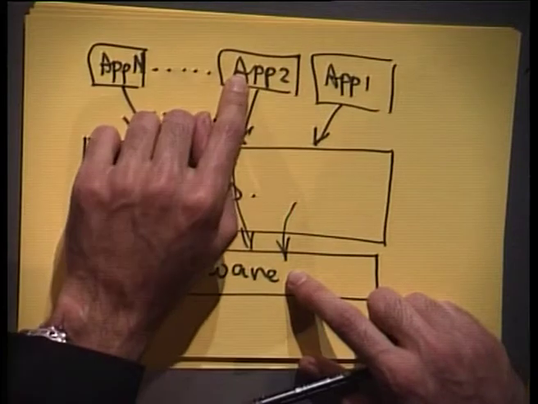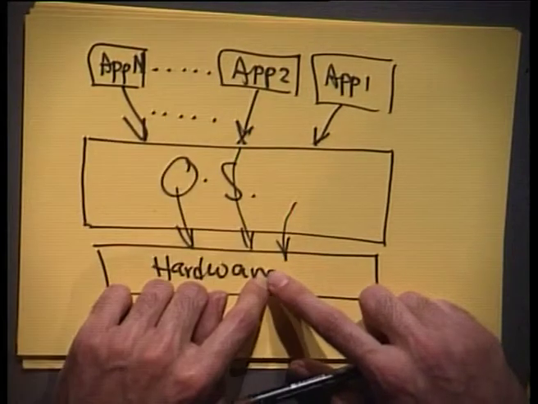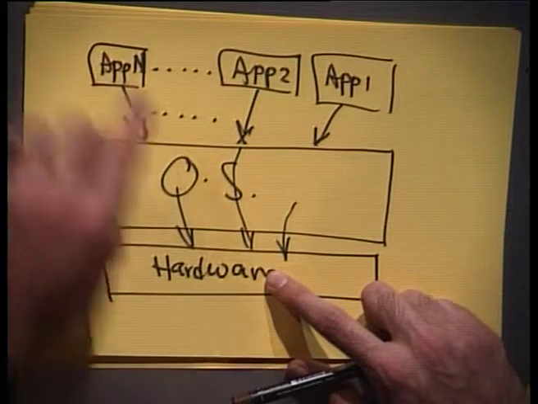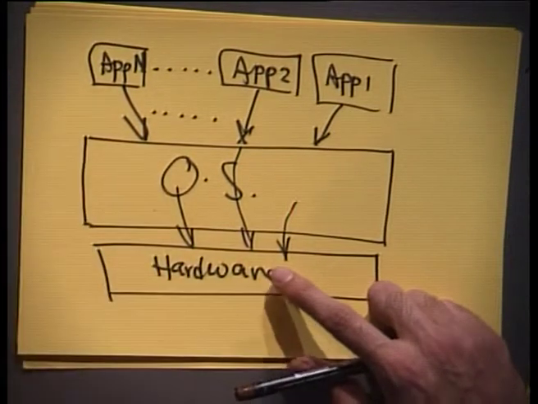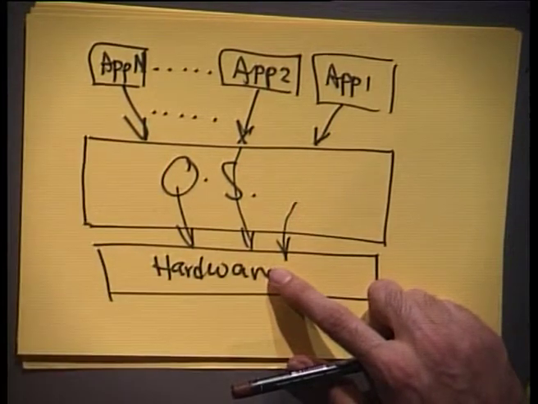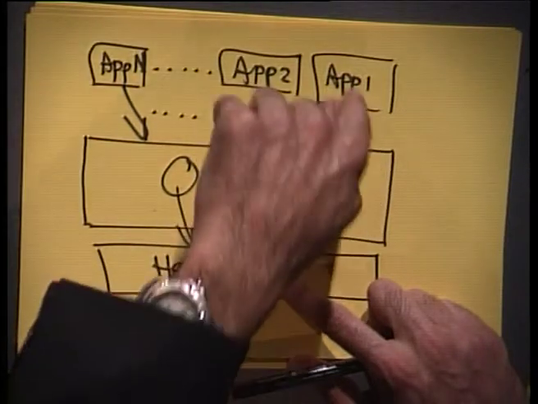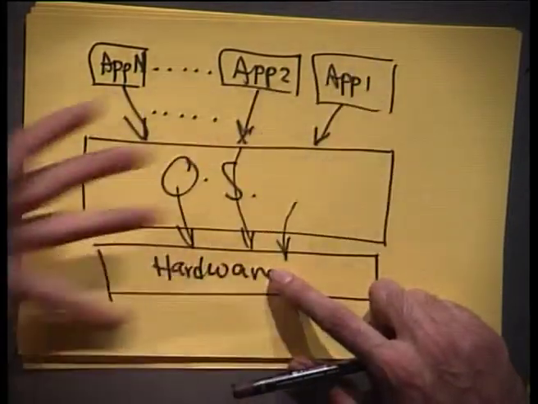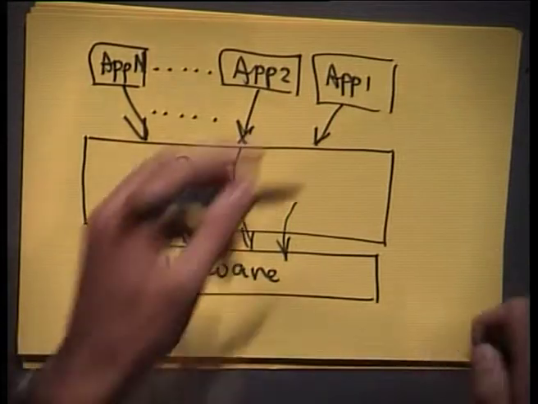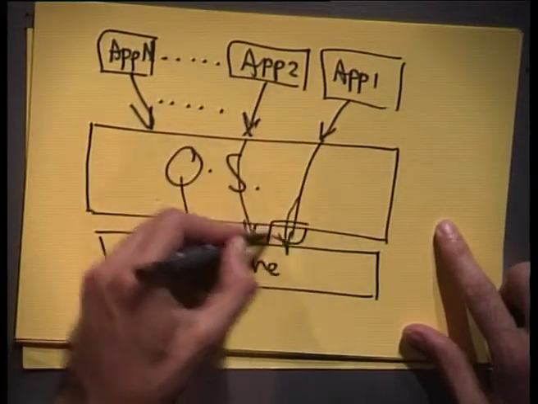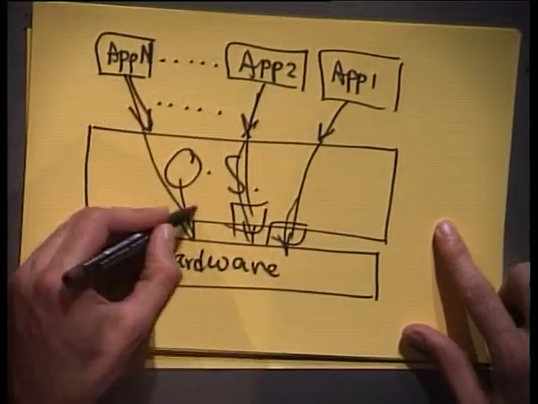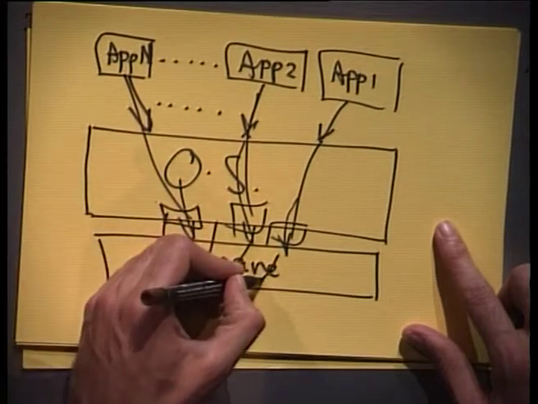Give the next application a time slot here, and so forth for all applications. Then when I'm done with all applications, I go back again to application 1 and continue.